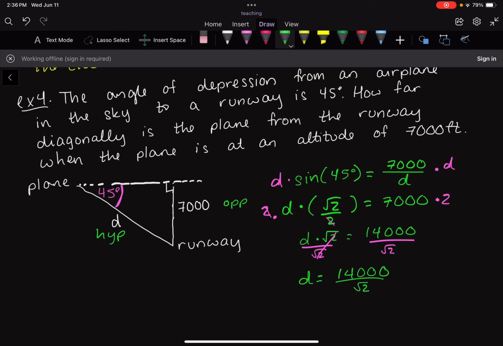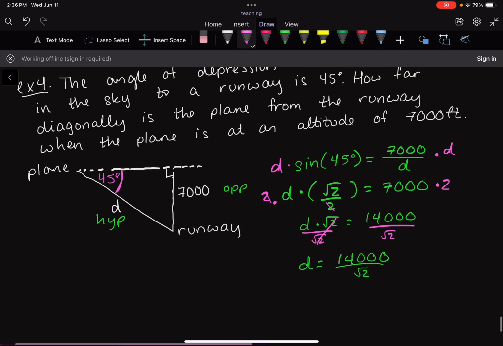Now, just as a reminder, my math lab is going to want this rationalized, so I would do times root 2 over 2, times root 2 over root 2, which will give me 14,000 root 2 over 2, which simplifies to 7,000 root 2.